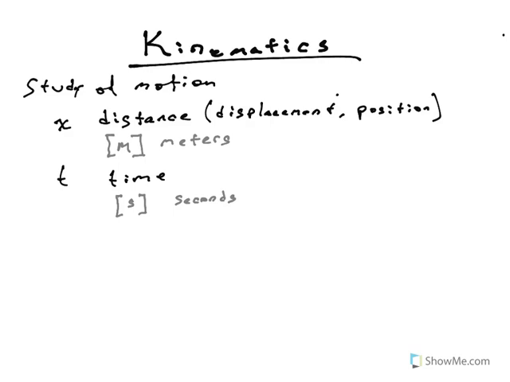And then with these two characteristics, we could come up with more complicated and more interesting variables. For instance, if you say that you traveled a distance of 2 meters and it took you 1 second to do it, then there's some new information you just gained, and that is how fast you must have been going for that to be true. And so the next one is called v, velocity.